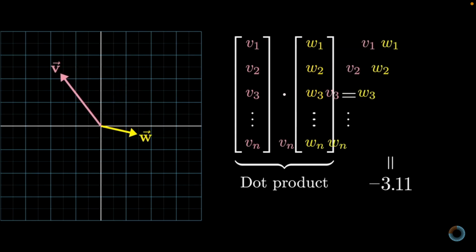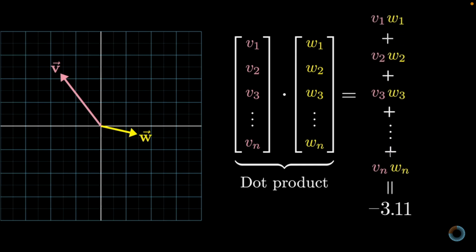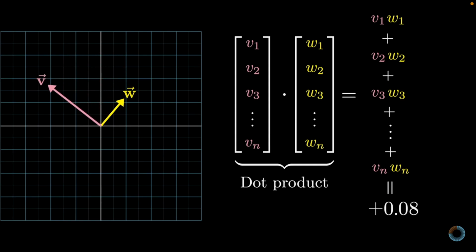Computationally, dot products involve multiplying all the corresponding components and then adding the results, which is good since so much of our computation has to look like weighted sums. Geometrically, the dot product is positive when vectors point in similar directions, it's 0 if they're perpendicular, and it's negative whenever they point in opposite directions.